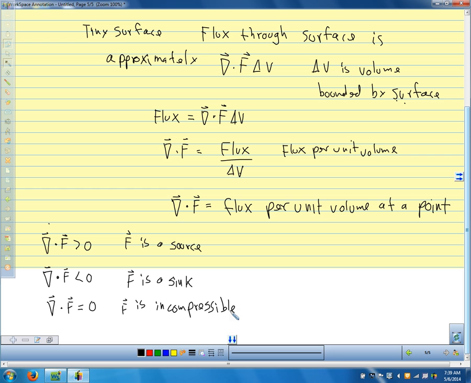So it's not growing, it's not shrinking, it's not flowing at all. So there's finally our physical interpretation of the divergence: flux per unit volume at a point, the tendency of our field to cause an outward flow, and the magnitude of that outward flow at a particular point. And that comes from the divergence.